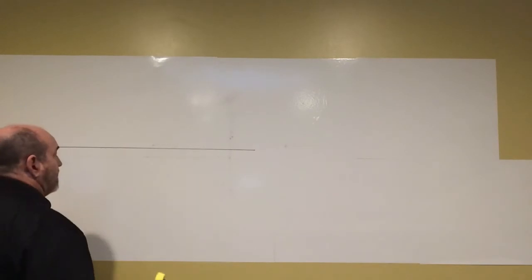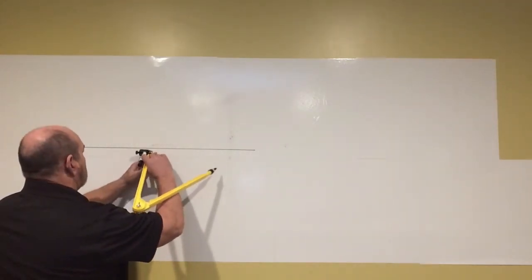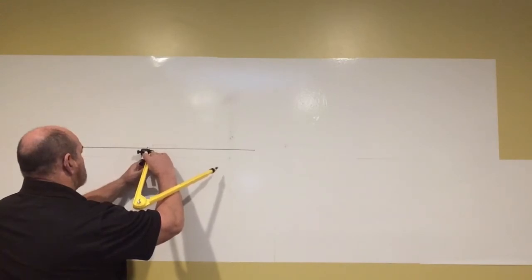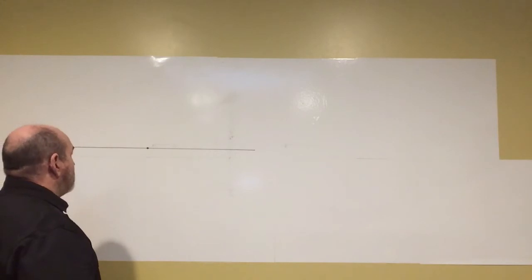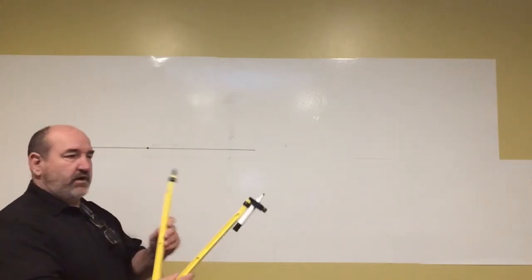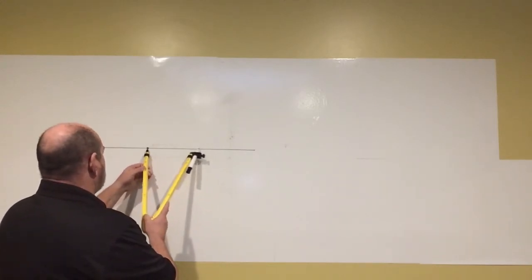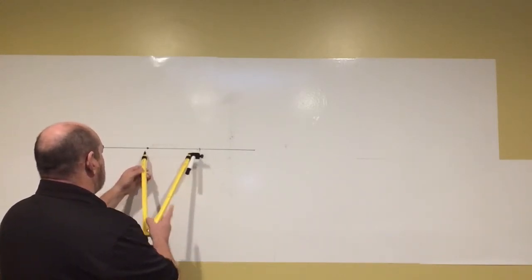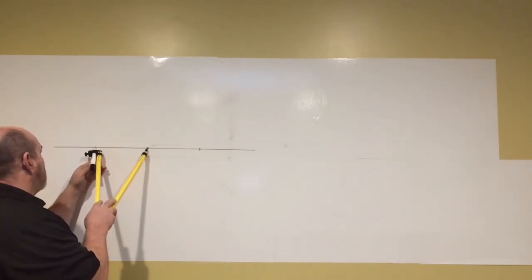The way this lab works, you can pick any spot on the line. I'll just pick this one here so that you can see. Then you pick an arbitrary amount. I can use anything that I want. I'll keep it kind of small here. And I do the same thing on both sides.